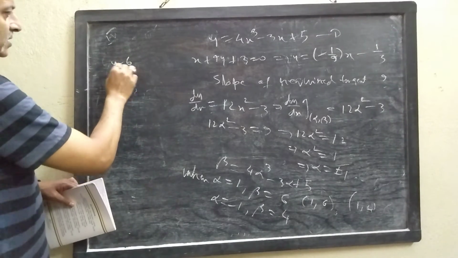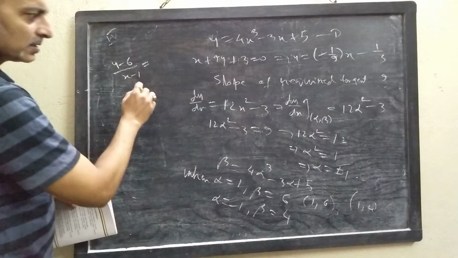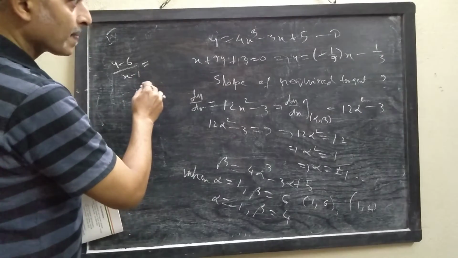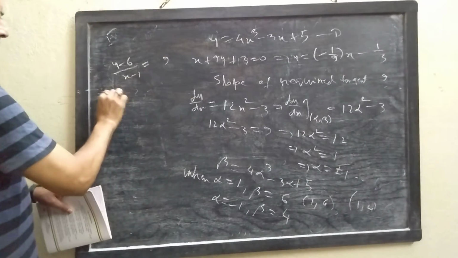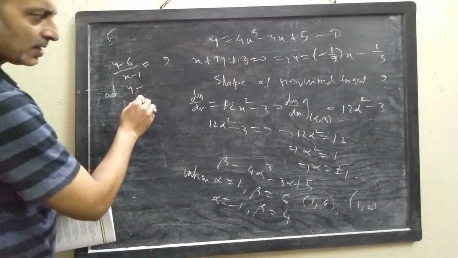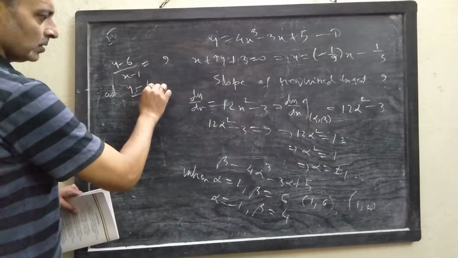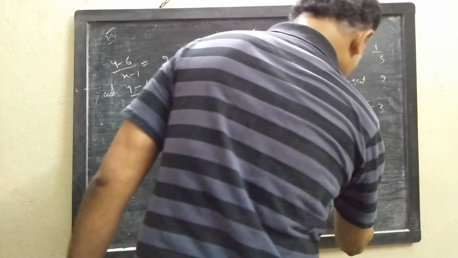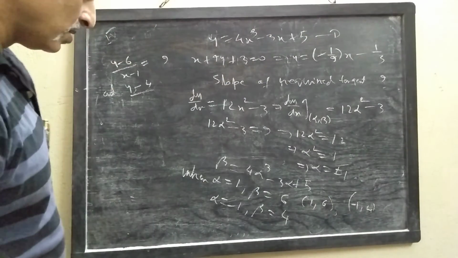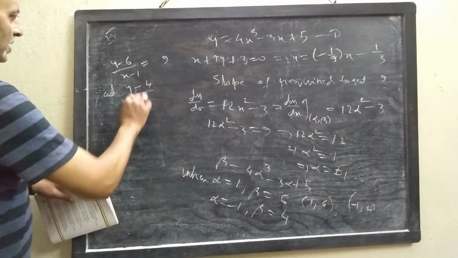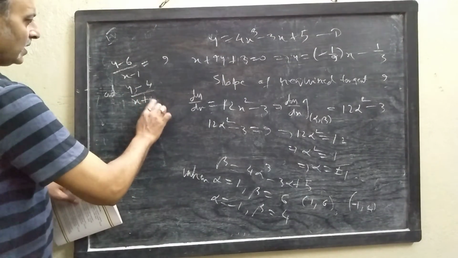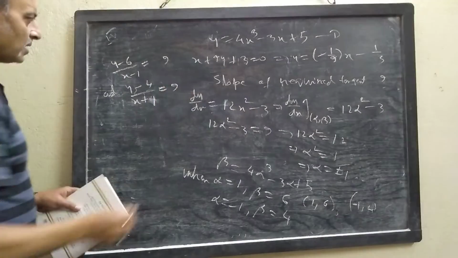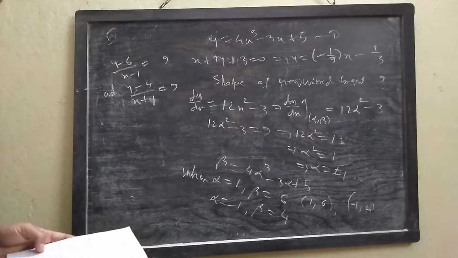Now equation of required tangents will be (y minus 6) by (x minus 1) equals 9, and the other one will be (y minus 4) by (x plus 1) equals 9.